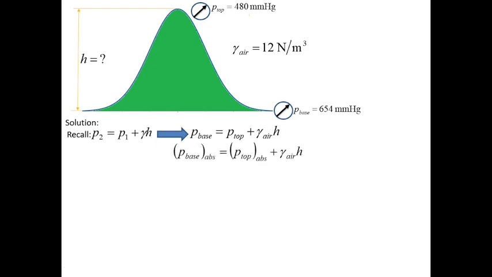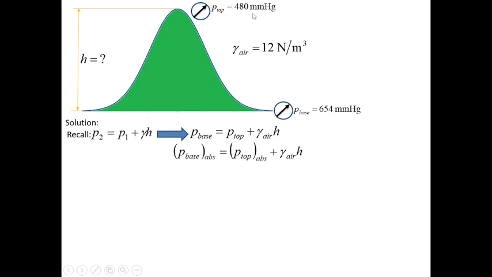So take note that this formula can be expressed in terms of absolute form. The pressure at the base, since this is the reading, this is the atmospheric pressure, 654 millimeters of mercury, will now be converted to absolute pressure of 654 millimeters of mercury also.